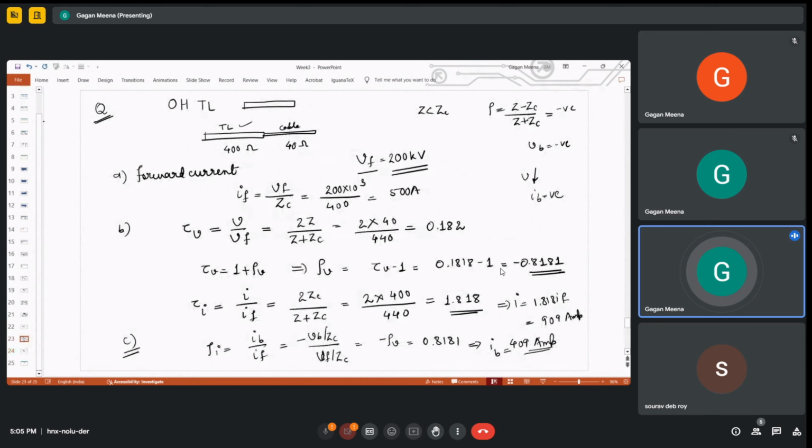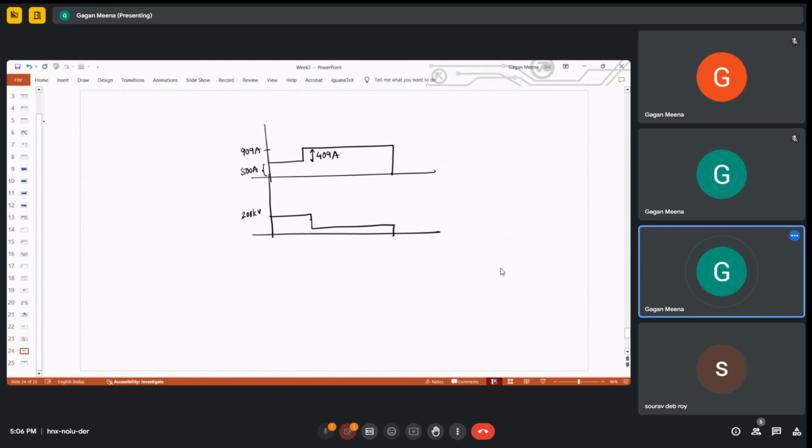V backward how much? Oh, we have not calculated V backward. The reflection coefficient we have calculated, but the voltage we didn't. So this equals VB by VF. So VB is minus 0.818 into 200, which is minus 163.62.